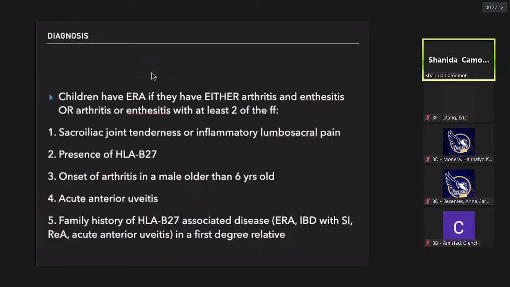So the diagnosis of enthesitis-related arthritis is made in children if they have either arthritis and enthesitis, or arthritis or enthesitis with at least two of the following: sacroiliac joint tenderness, onset of arthritis in a male older than 6 years old, anterior uveitis, or a family history of HLA-B27 associated disease like enthesitis-related arthritis, inflammatory bowel disease with sacroiliitis, reactive arthritis, and acute anterior uveitis in a first-degree relative.